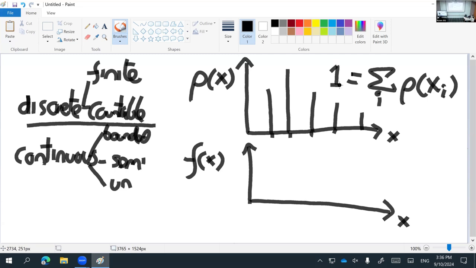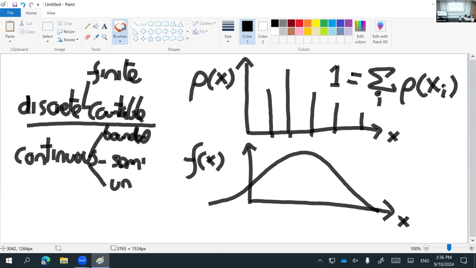Now, on the other hand, for continuous case, I'm not going to distinguish between bounded, semi-bounded, okay? I'm just going to use unbounded as an example. Might as well look at this guy, guys. The analog of summing all the sticks equal to 1 is the integral, the area.